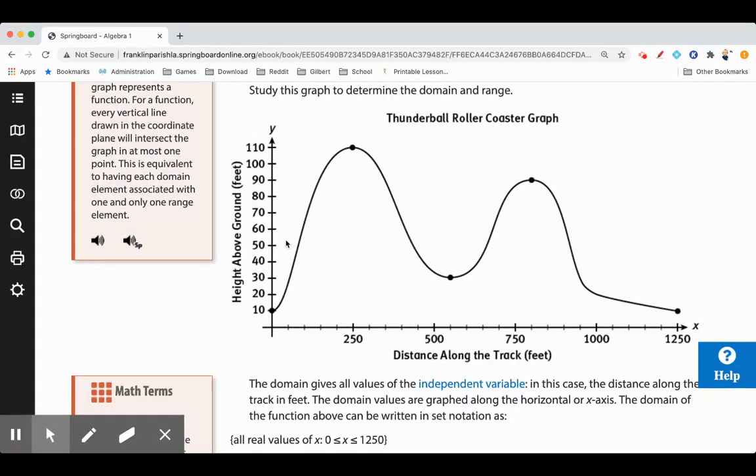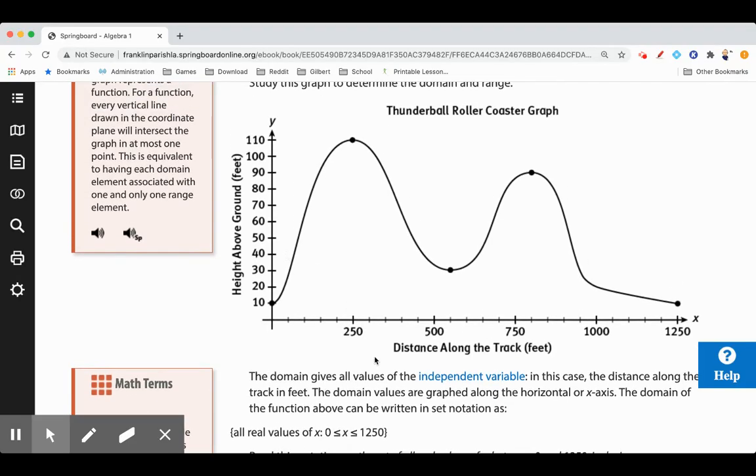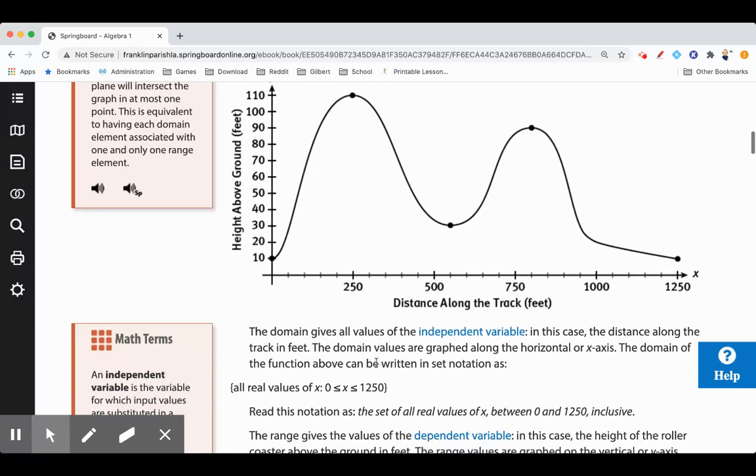So now we need to look at this graph to determine the domain and the range. Remember, the domain is all the independent variables, in this case, the distance along the track in feet.